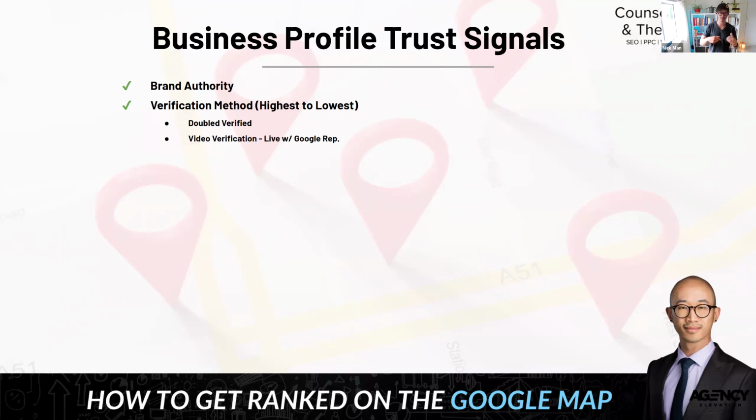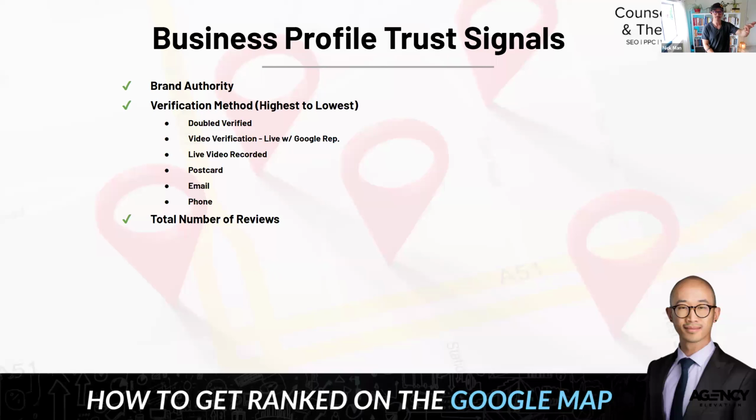They get a live rep, so you literally have your cell phone, you're talking to them, and you've got some of your paperwork that shows your business name, address, maybe a couple of bills that you pay for the internet or other tools. That helps you get verified. And I put a lot of this in the workbook, so we don't have to go into too much detail for that.